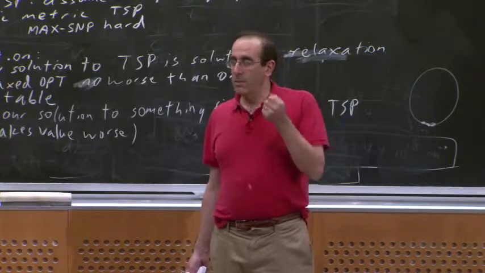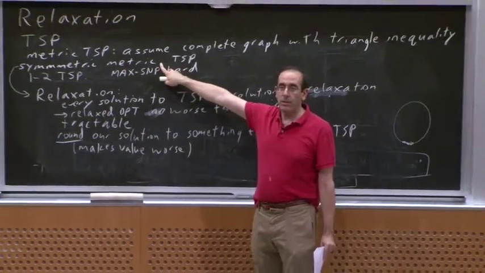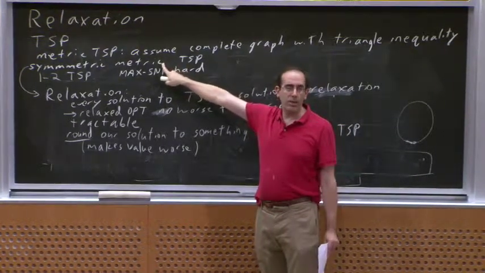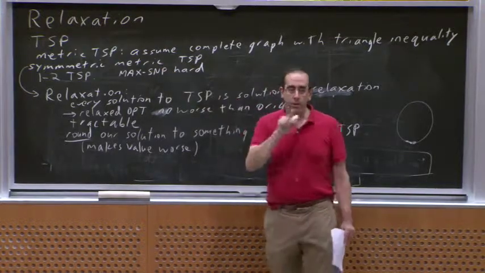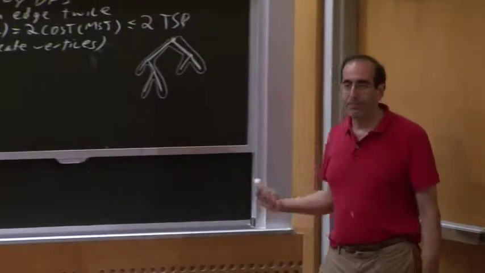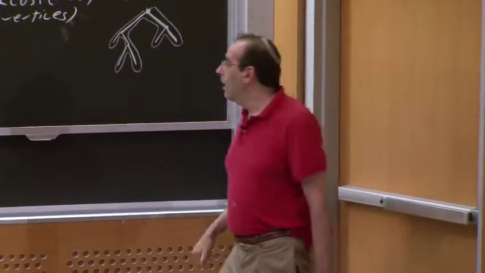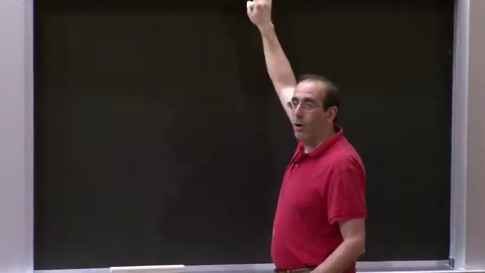Now, because of our metric assumption, this does not add anything to the cost. Because shortcutting out a vertex never adds cost if you have the triangle inequality. Okay? Good, so good point. So yes, but this will make it a tour, right? So we're done.